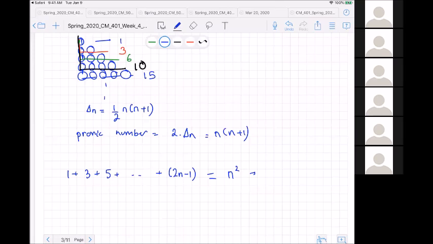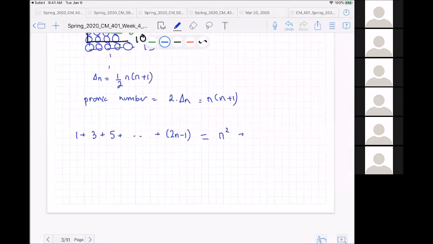And we can also find the sum of any arithmetic progression, or a sequence of n terms, okay? Let's say my arithmetic progression is A, B, C, all the way to X, Y, Z. Arithmetic progression means that the terms are equally spaced, right?